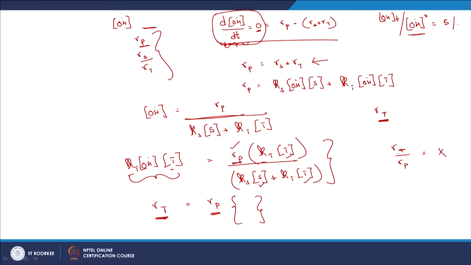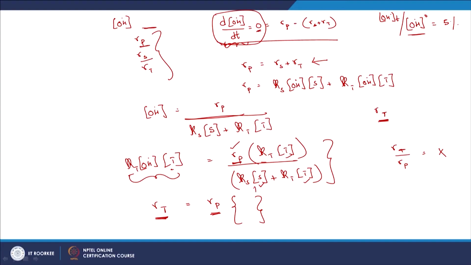X is nothing but the rate of loss of hydroxyl radical while degrading the target, or the rate of degradation of your target transformed with respect to the coefficients by the rate of production of hydroxyl radical, right. So, this will give you an idea about how efficient your process is. Obviously, the higher the value of x, the more efficient the process.